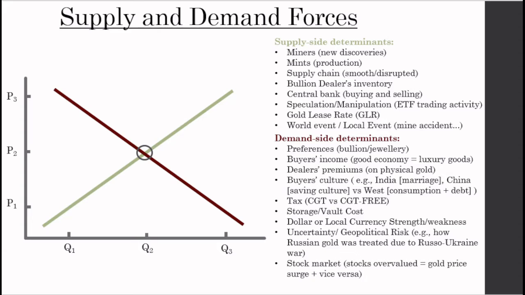If that happens, then the demand is going to change. These products are going to become more expensive, so consumers in the gold market will be unable to buy large quantities compared to before.